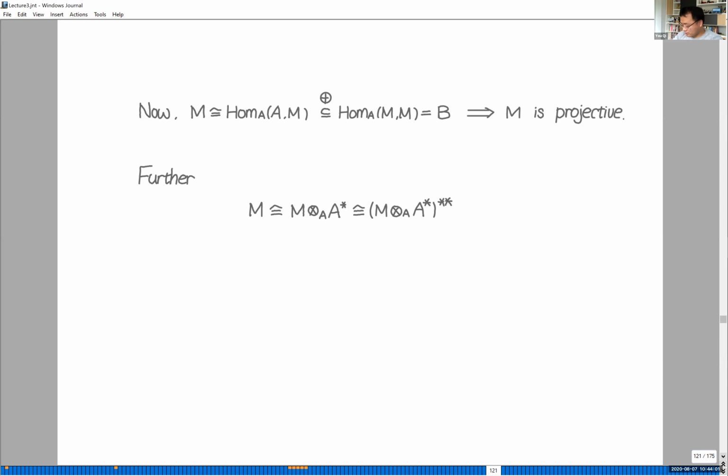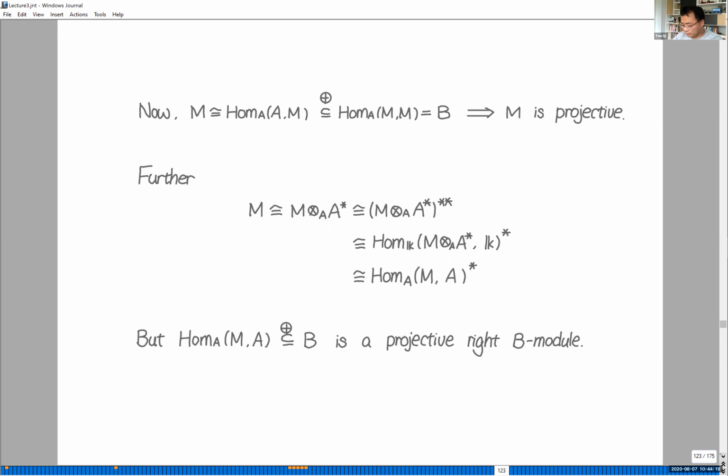Now we use tensor-Hom adjunction again. So this is isomorphic to Hom over K of M tensor A star into K dual. We reinterpret this part with a single dual as this vector space and use tensor-Hom adjunction to get this isomorphic to Hom_A of M into A.